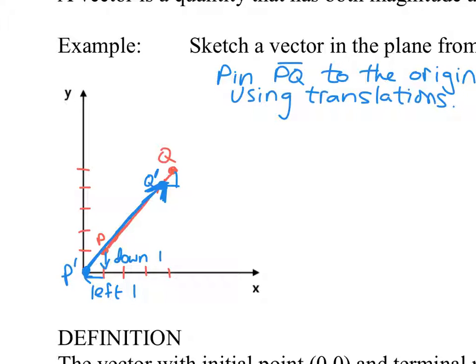All right. So Q originally was at 4, 5. But what we did was we did a translation left 1, down 1 of point Q. And that gives me Q prime of 3, 4.